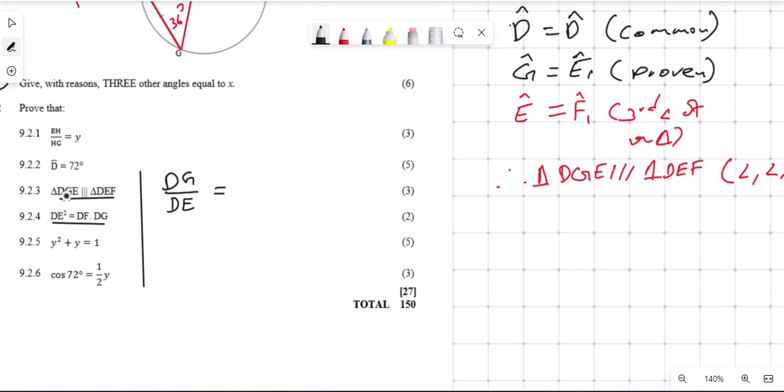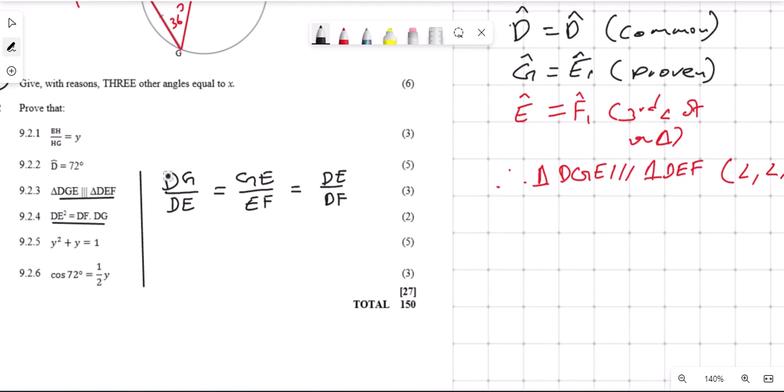So I took the first two, now I'm taking the second two. What is left? The last two, DE and DF. So DE over DF.